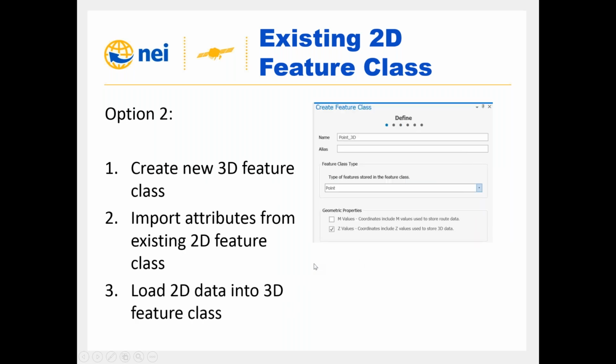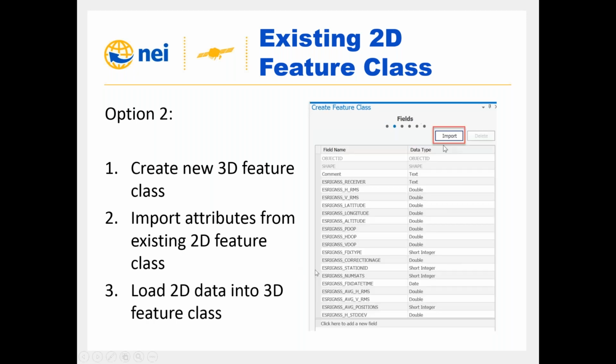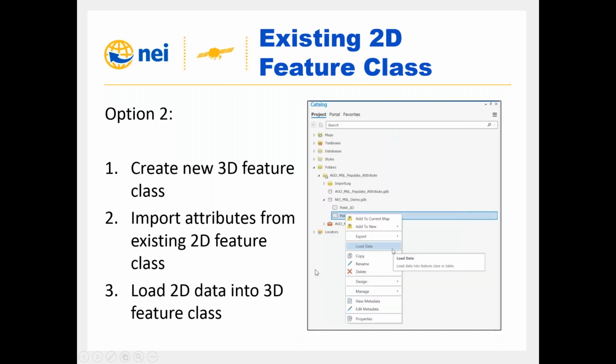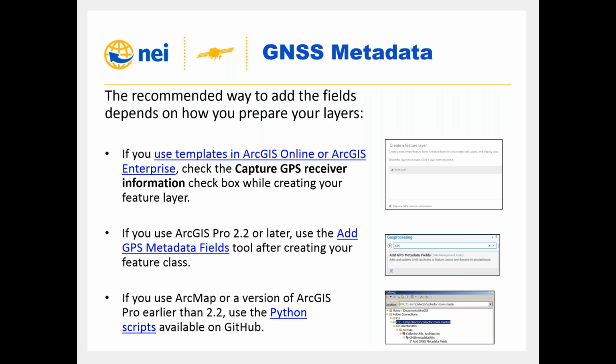The second option is you can just create a new 3D feature class like I showed in the previous slide. Then you can import your attributes from your 2D feature class, and after that, you can load in that existing data. There's probably a handful of other ways to do this, but these are two options that we thought would be pretty good.